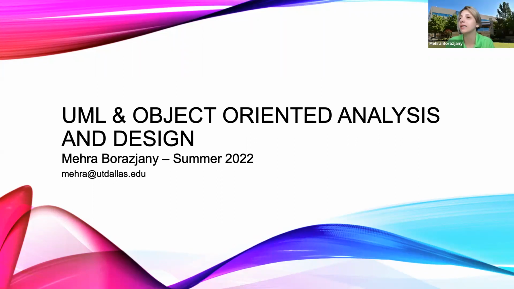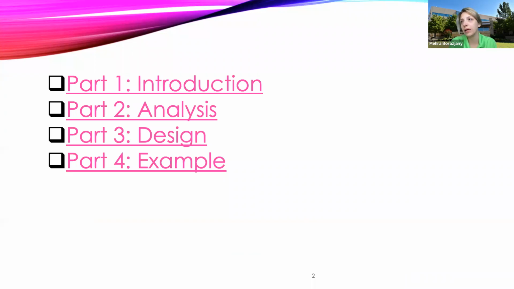So, good morning, everyone. We're going to talk about UML and object-oriented analysis and design. We're going to start with a little bit of introduction about why we need this, what we need, and how it's going to help us. We're also going to introduce analysis and combine it with how UML is going to help us during this process.